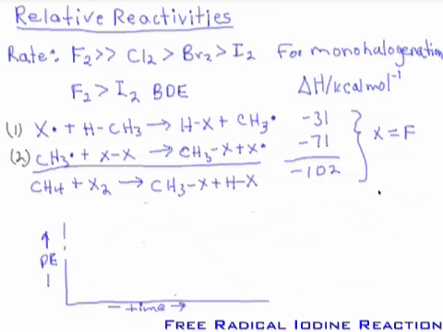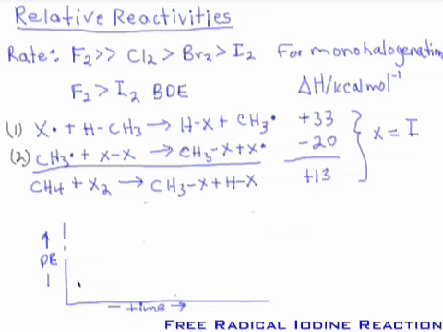Take a look at what happens in the case of iodine. X is I. Well, it turns out that the first reaction is quite endothermic, plus 33. The second reaction is exothermic, but it's only minus 20. So overall, the reaction is endothermic at plus 13 kilocalories per mole.